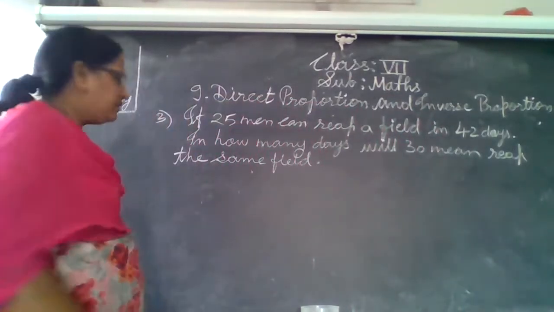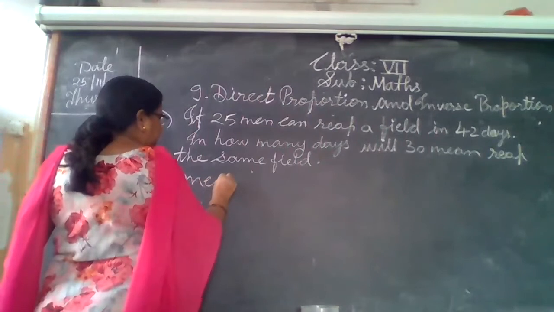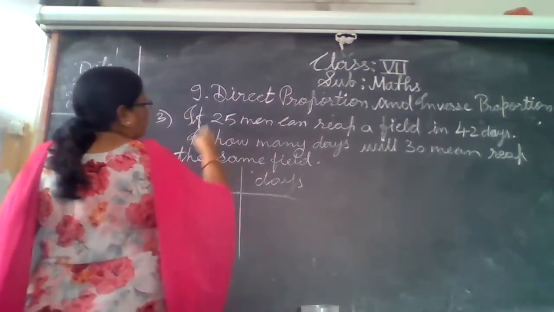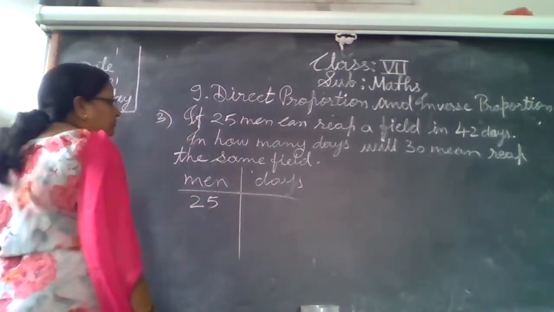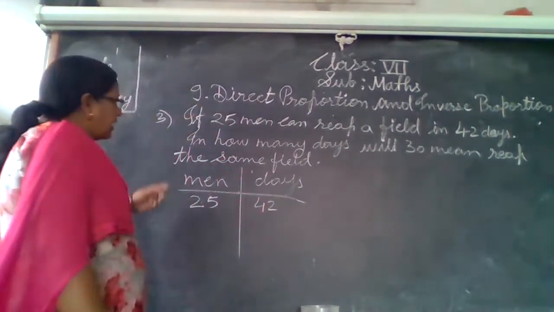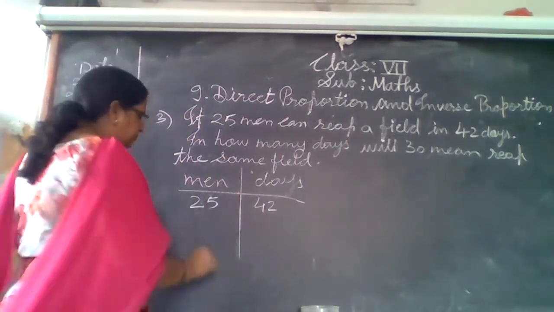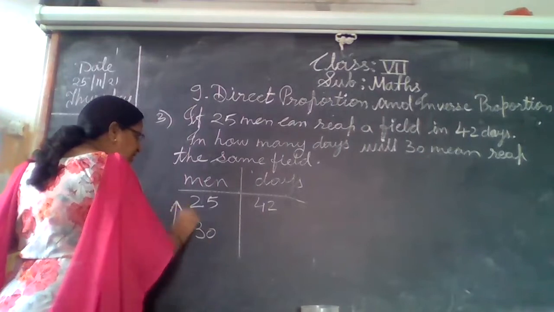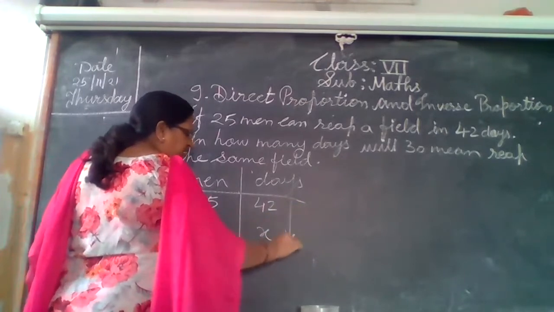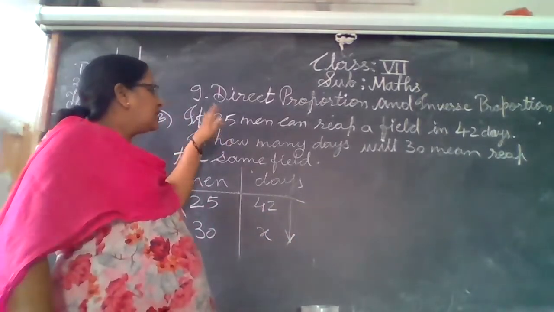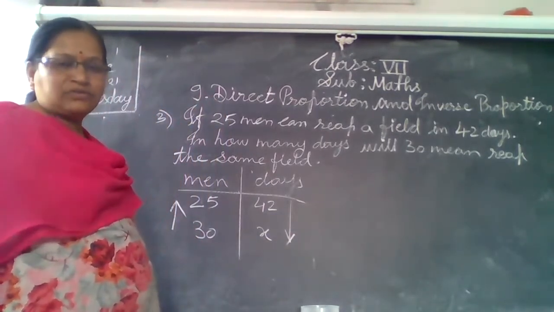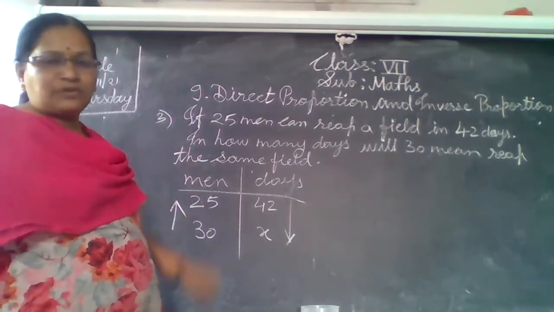When 25 men work, they complete their work in 42 days. Now it increases from 25 to 30, so the days will decrease. Why? Because it is men and time, work and time, so it is always inverse proportion.